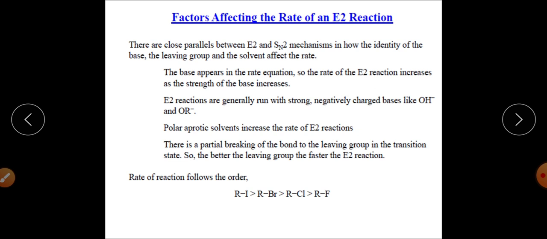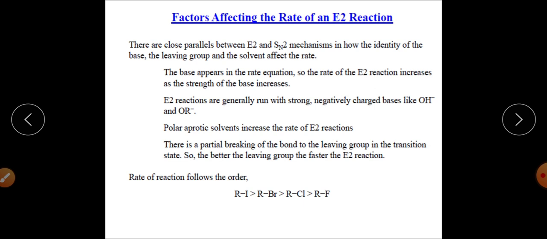So first of all, starting with the factors that affect the rate of an E2 reaction, the E2 mechanism. When we are concerned about this particular mechanism, the structure of the substrate will greatly affect it.